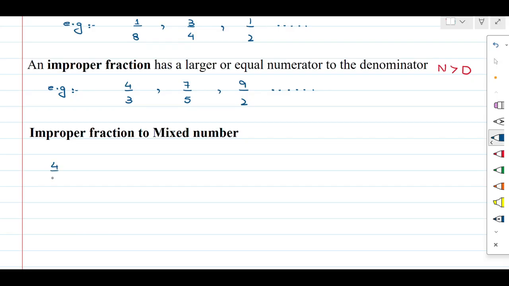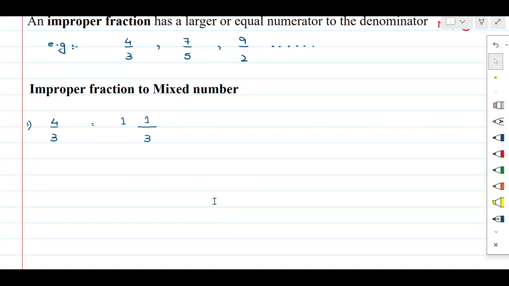Let me start with the first one, which is 4 by 3. Converting into a mixed number, 3 is the denominator, right? 3 times 1 is 3, and 3 plus 1 makes 4. This is the mixed number, right?